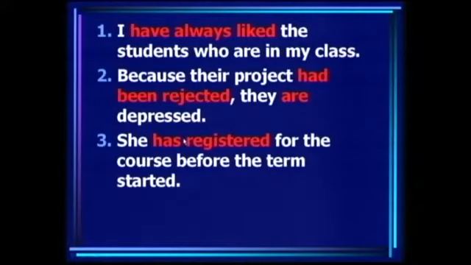Has started, this should be what? She has registered, no, she had registered. She had registered for the course before the term started, meaning before the term began she had already registered.